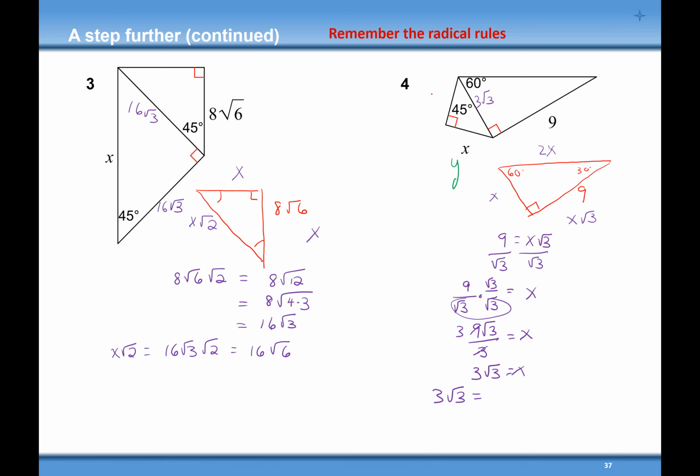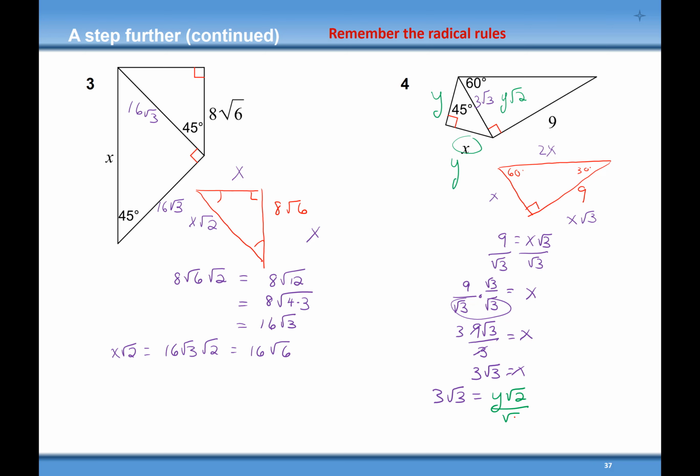It's y, y, and y root 2. The only reason I'm doing it as y is because there is an x here and I don't want to mix them up. So we get 3 radical 3 equals y radical 2, and you could have used x radical 2 here. There's nothing wrong with it. It's just a habit that if they're using x in the problem itself, I want to use a different variable.